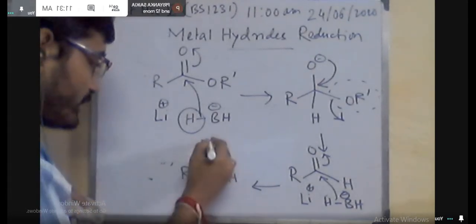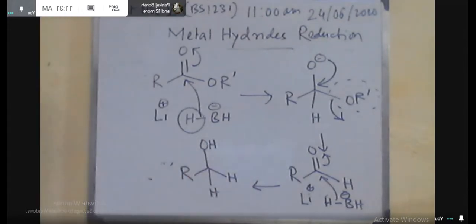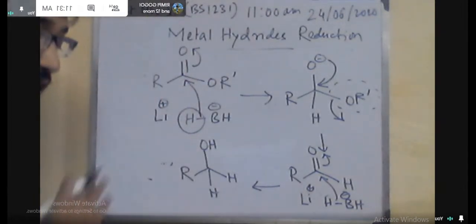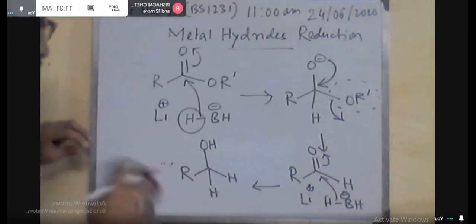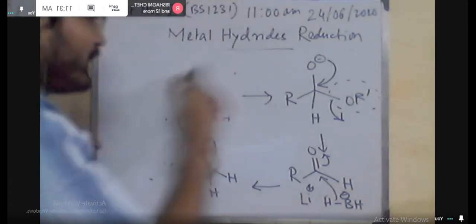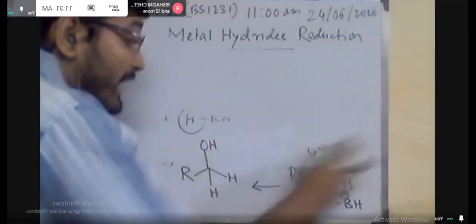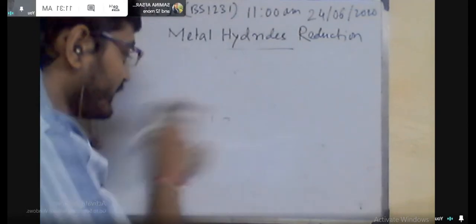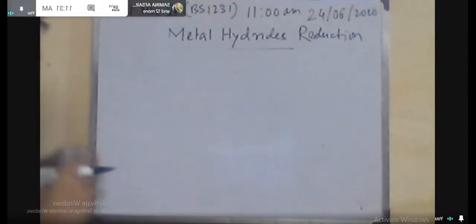By using lithium aluminium hydride and finally the acid workup, you will get the corresponding amine, not the alcohol. Okay, so this is the reduction of the amide. This is the amide linkage or the amide bond by using lithium aluminium hydride.